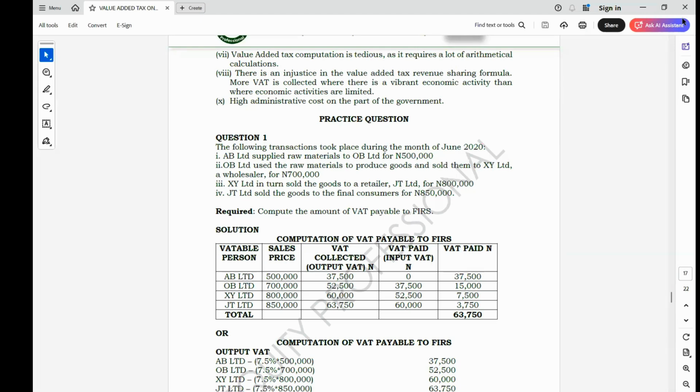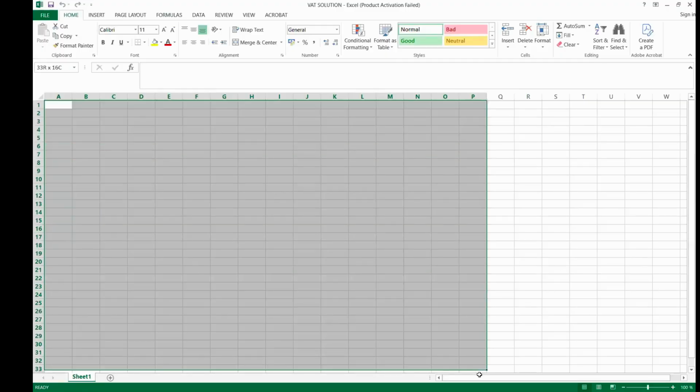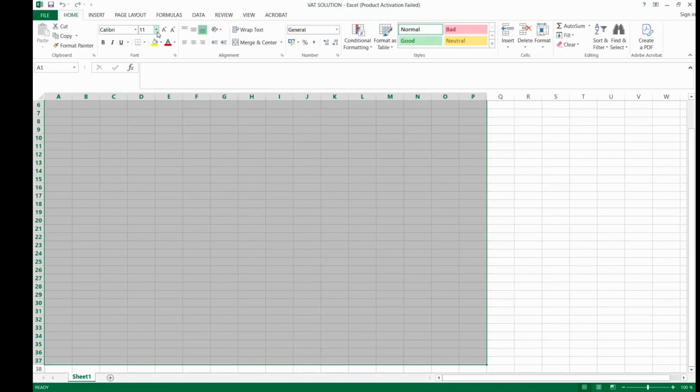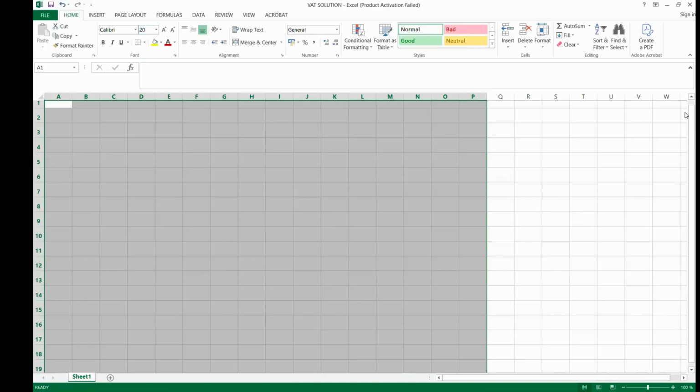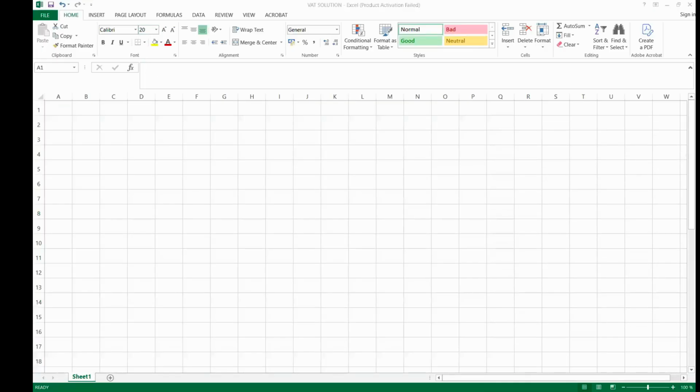So to compute, as we already know, the first thing is the computation of VAT payable to FIRS. Computation is very important.